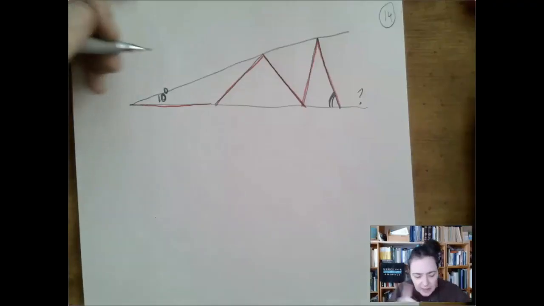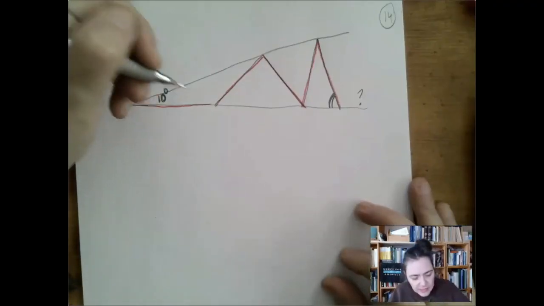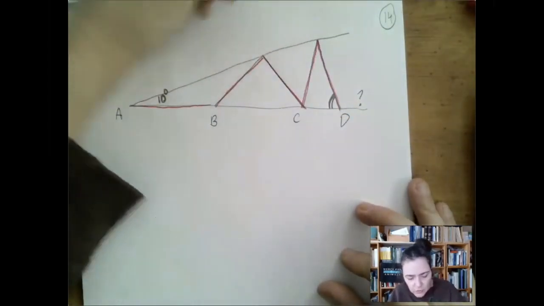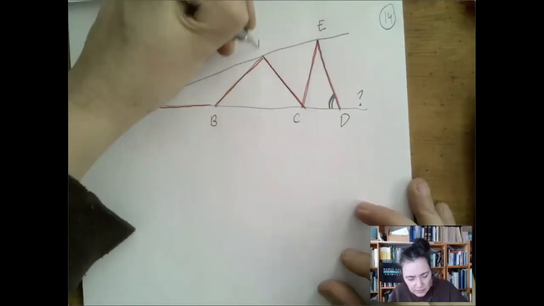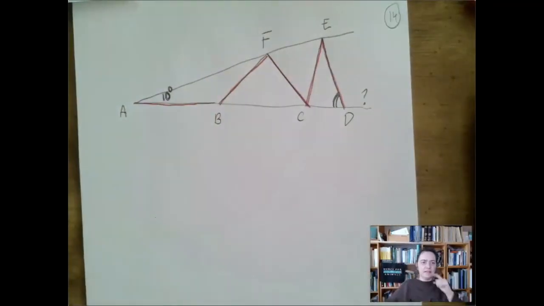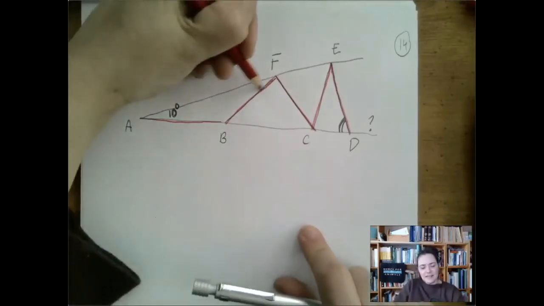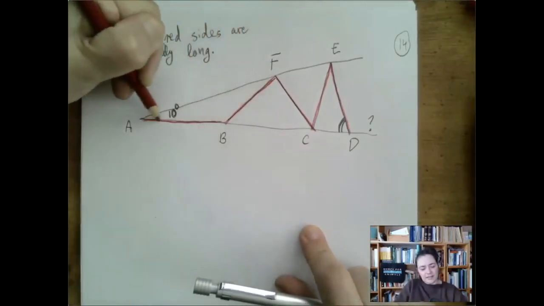Let me give these points names so we can talk about it more easily. What can we first find? Is there anything that we can find here? Who is 10 degrees? This here is an isosceles triangle, right?